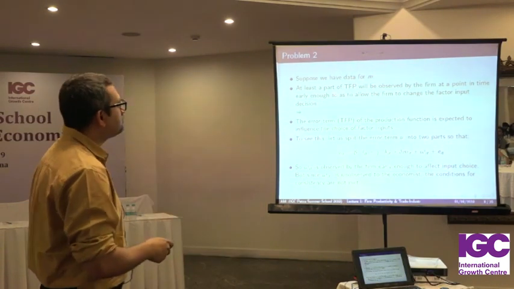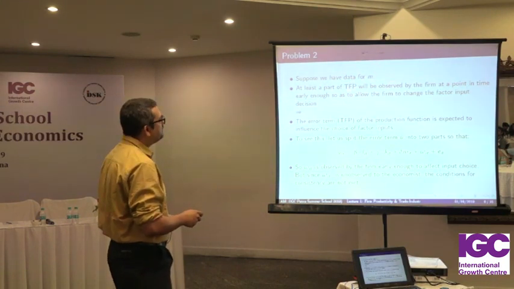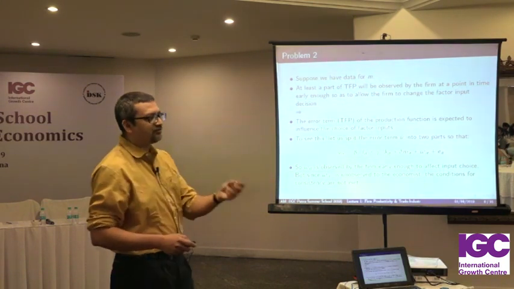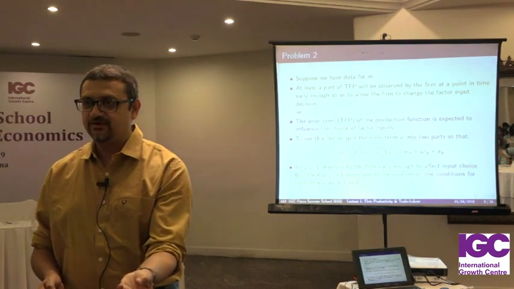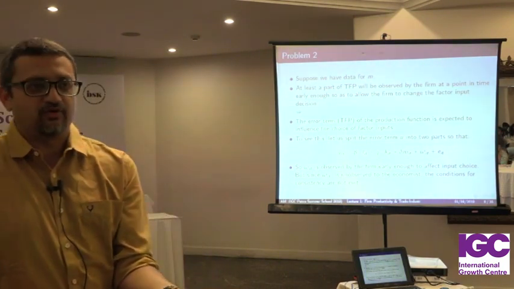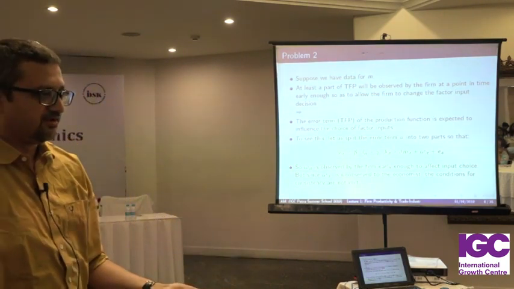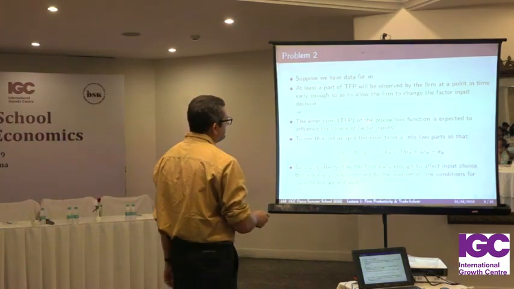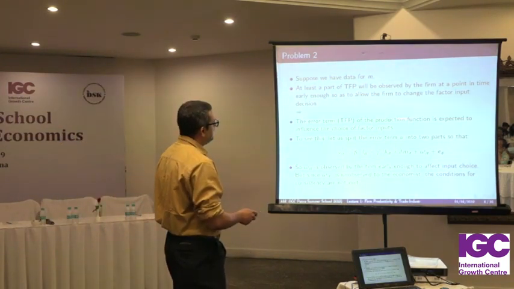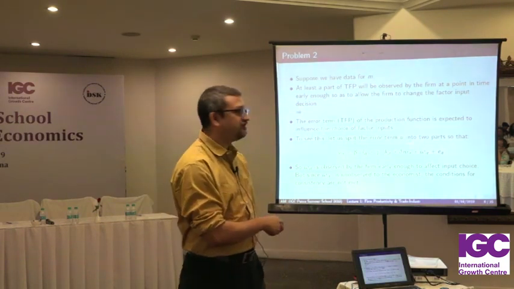Of course, how much it hires of L, K, and M will depend on this part of TFP, the productivity that the firm can see because it's making decisions. It knows how smart or good it is, but you cannot, because you are just someone who has got data. So the error term, TFP, of the production function is expected to influence the choice of factor inputs.